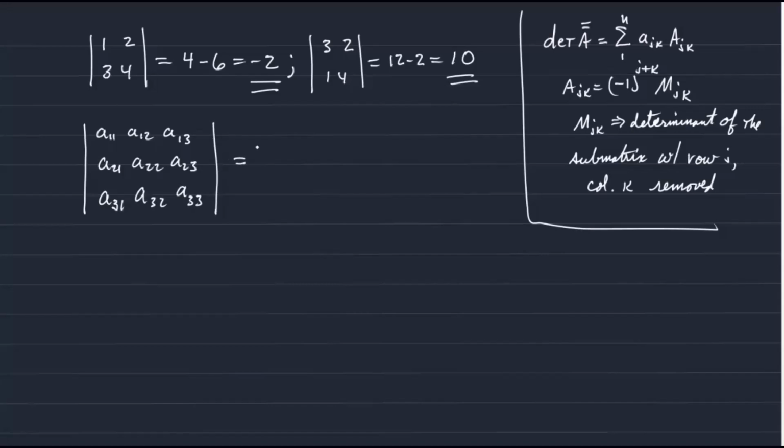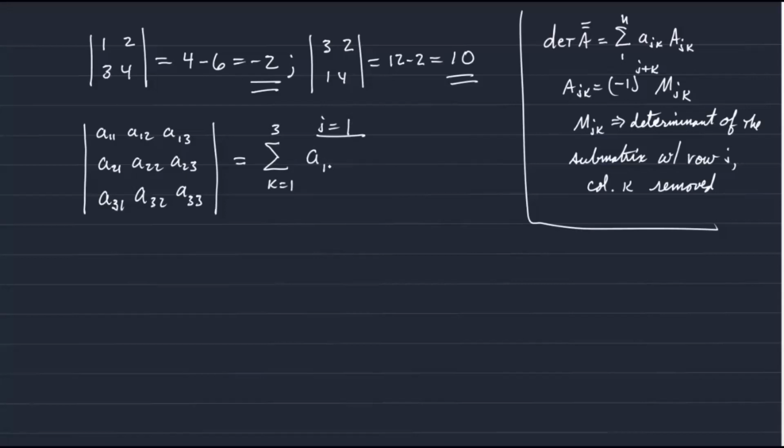And again, I'm going to sum over k as I did in my first example, just because I like to sum over k. And again, I'm going to set j equal to 1, just as I did in my previous example. Again, I can set j equal to anything, and I'll get the same answer.